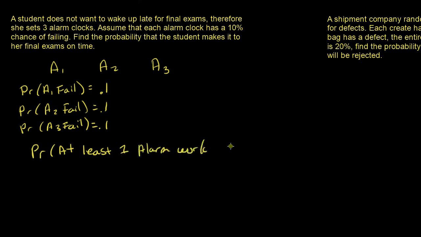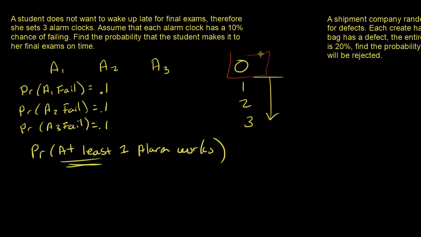All right, now whenever you see this at least one, I want us to always think about the complement of at least one, right? So the choices are that 0 alarms work, 1 alarm works, 2 alarms work, or all 3 of them work, right? So if at least 1 works, that means 1 or more, then the complement of that is that none of them are going to work, right?